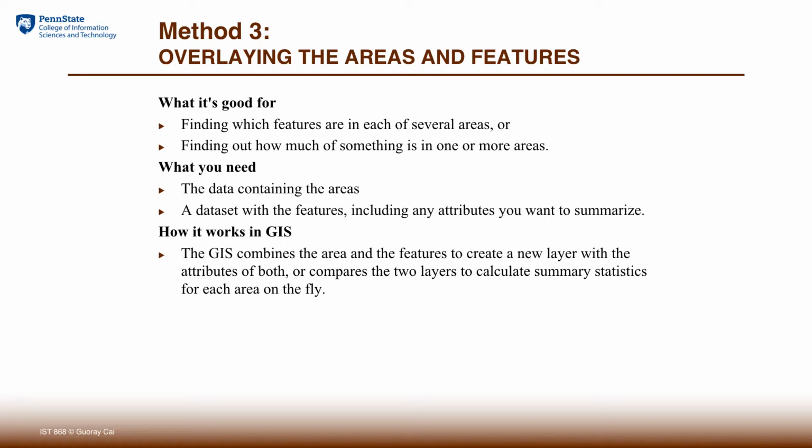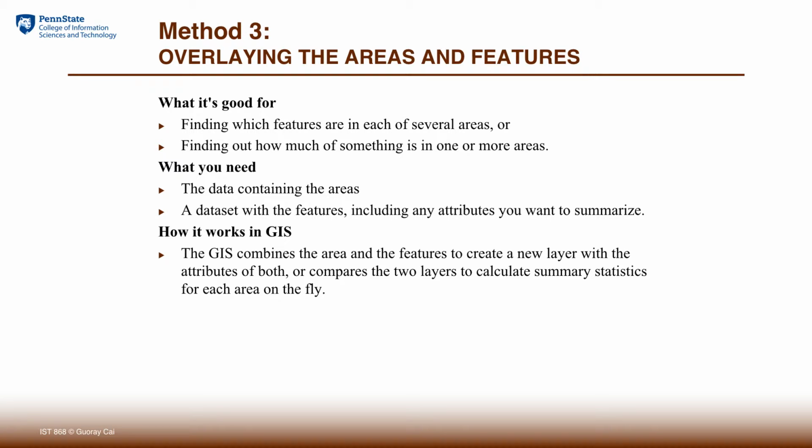So the way we do that is to cut those features into separate pieces so that we can clearly separate what piece is inside and what piece is outside. For example, take the parcels in the floodplain. We want to know exactly what part of the parcel is inside the floodplain and what part is outside, so that we can count the amount of value, for example the land value, that is going to be impacted by a certain flood.